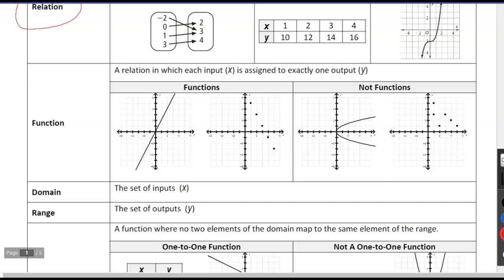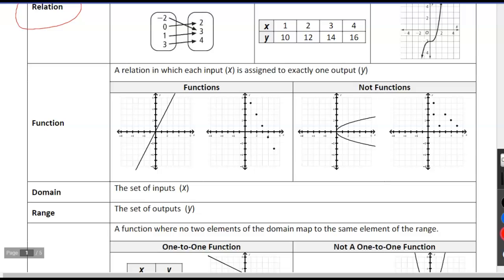So a function is a relation in which each input goes to exactly one output. So what we're looking for here is that the x value, if you made a list of ordered pairs, the x value can't repeat. So here you have all of your x's going to exactly one y.